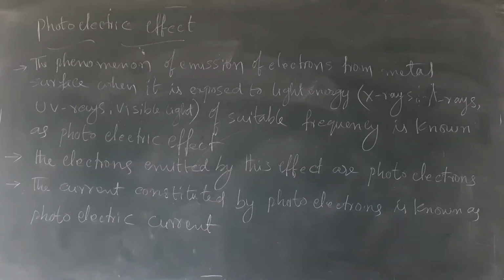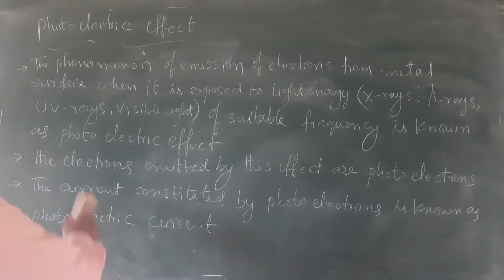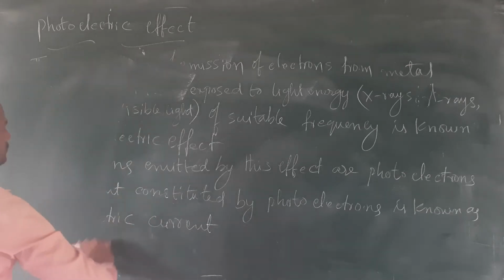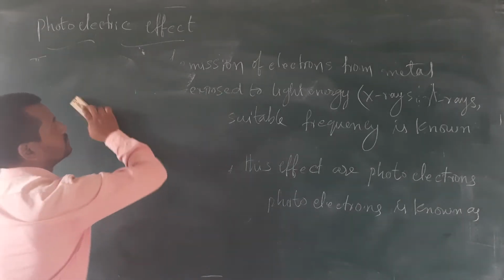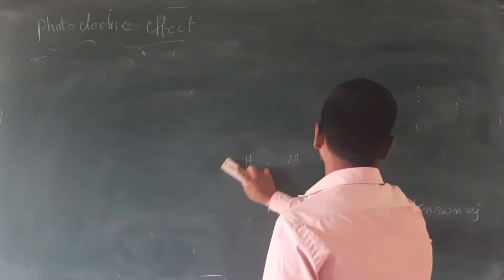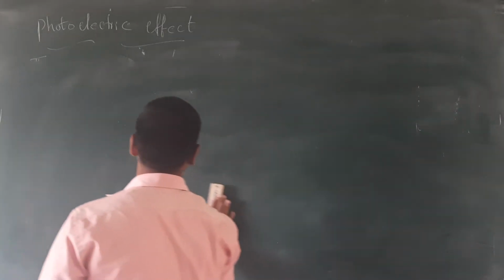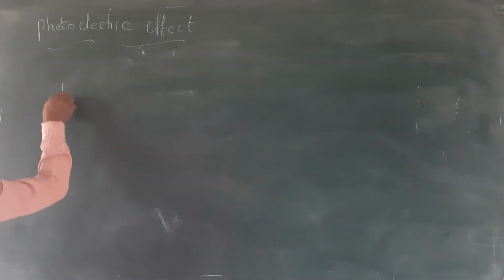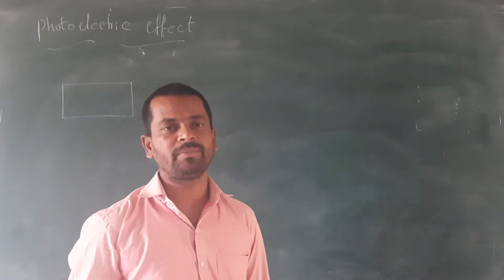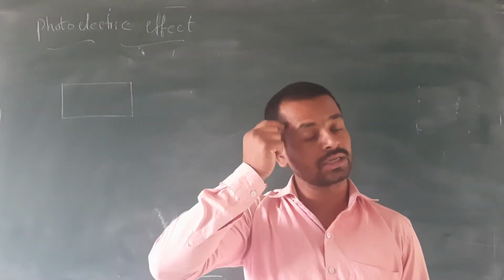Now, how does it work? Let me explain with the help of diagrams. Suppose this is a metal. Different types of metals are there in the periodic table.